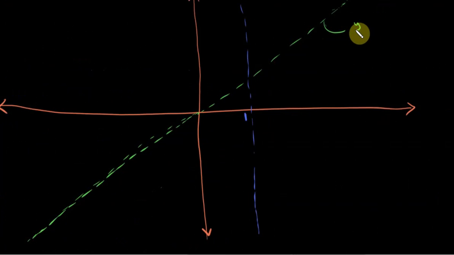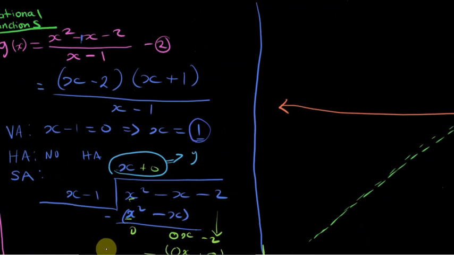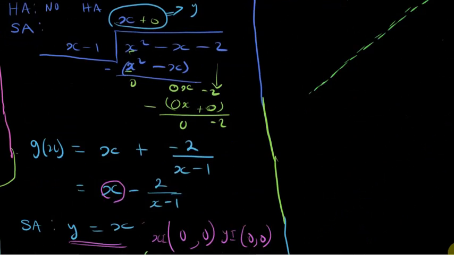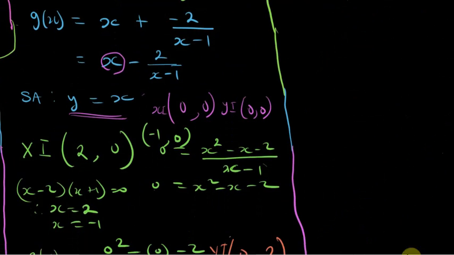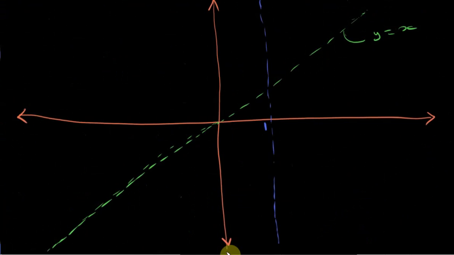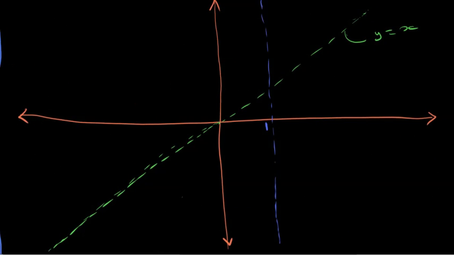The x-intercepts we have are 2 and minus 1.